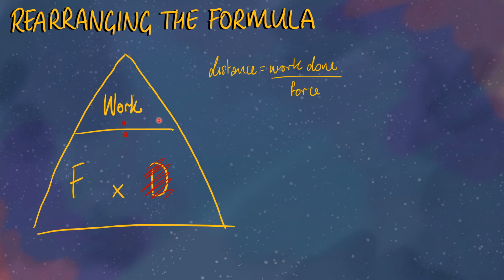This here is a dividing line. Okay, if we wanted to find out what force was, we would cover it up, and then we are left with force equals work done divided by distance. Okay, and that is how you rearrange it.